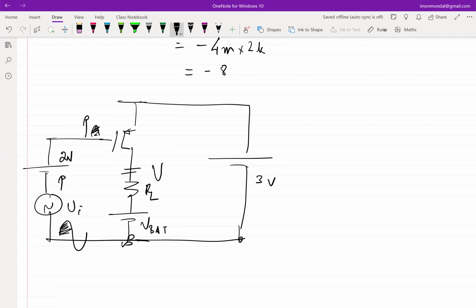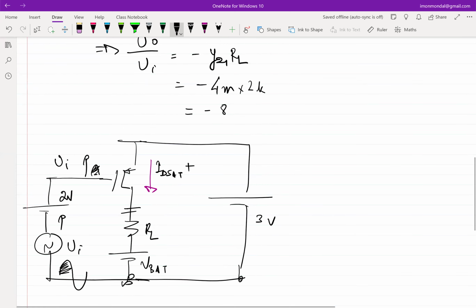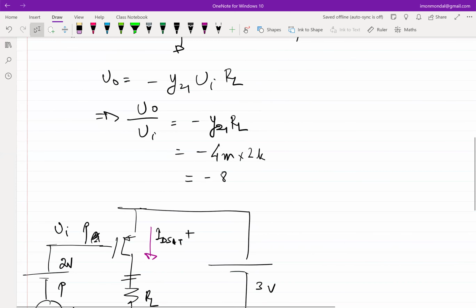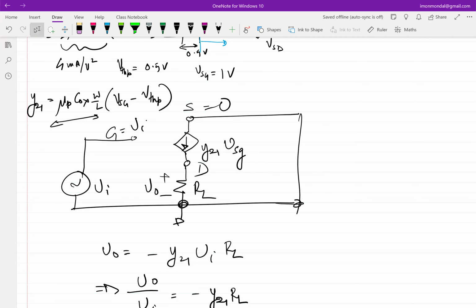Another way to look at it is, what is the total current? The total current is whatever ID sat you had, which is 1 milliamp, plus an incremental current. The incremental voltage is VI here. So if I look at this picture, the incremental voltage is minus Y21 times VI times RL.